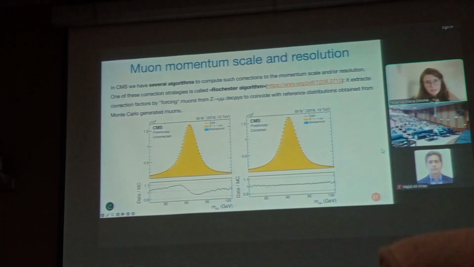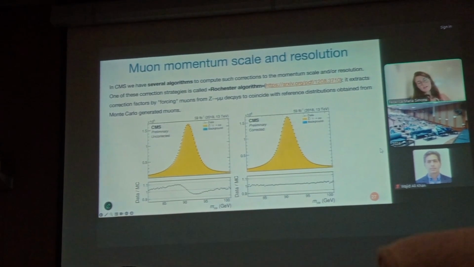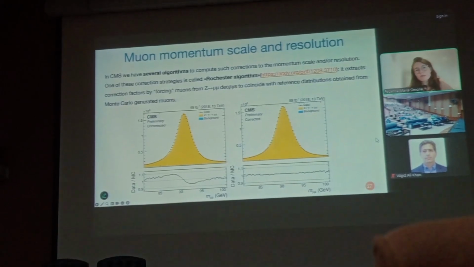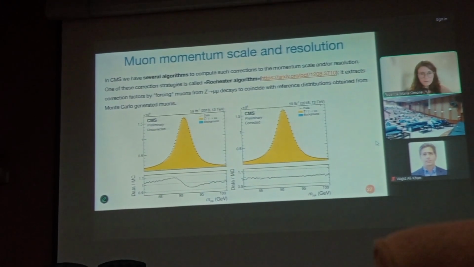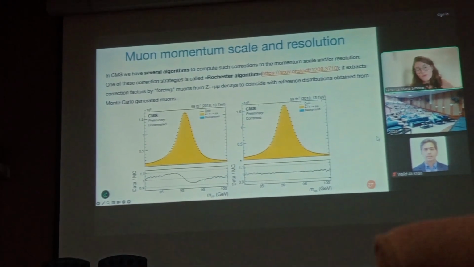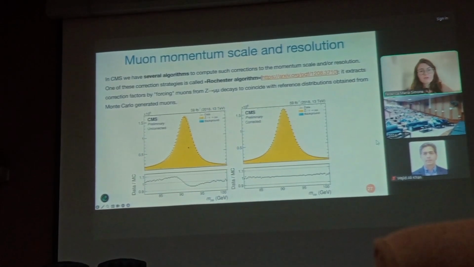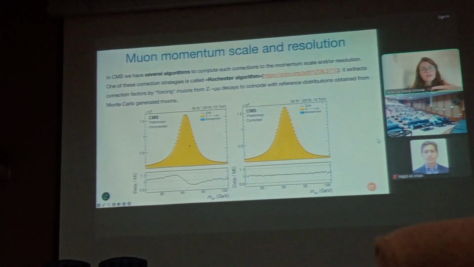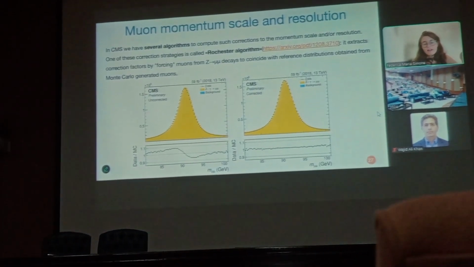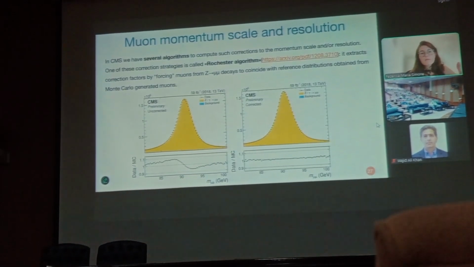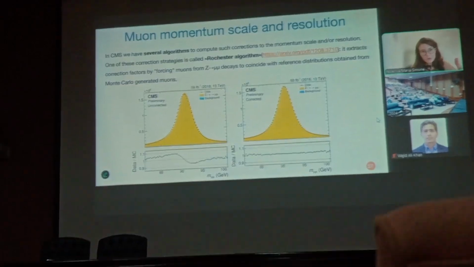The idea in general is that you look at a well-known decay, for example Z to two muons, in data and Monte Carlo, and you should somehow force, in an iterative way, your simulated distribution to well model the data distribution.